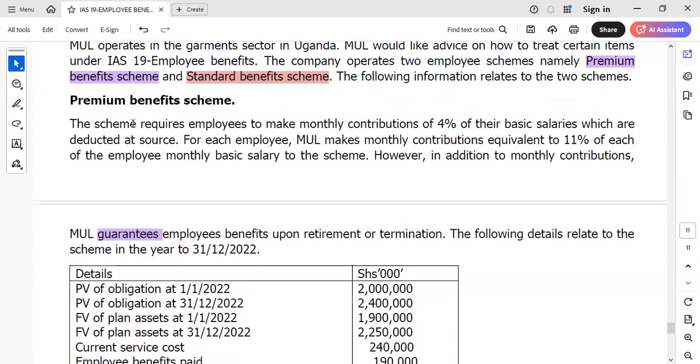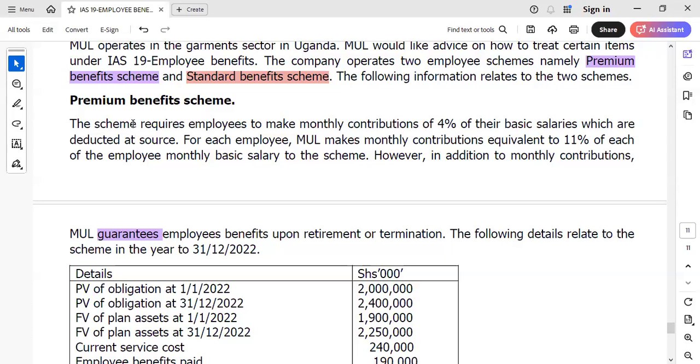Remember, we are workers, and of course we know that sometimes we have these schemes at workplaces. Company will say, okay, we know that for us as a company, we run this. You as workers, you're supposed to, sometimes they say you keep saving 10% or 5% or 1% of your salary. Then when you're leaving, we will give you this money. But also the boss or the company says that, okay, when you're leaving, we'll give you some rewards.